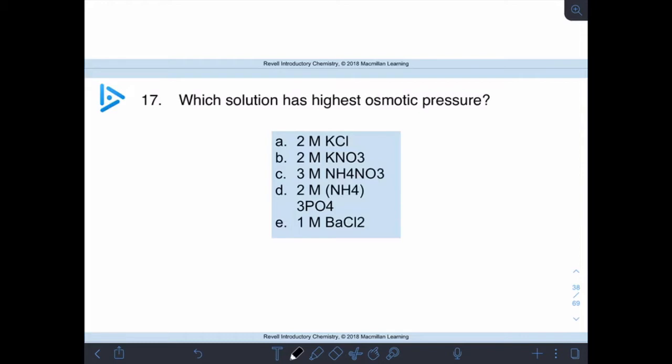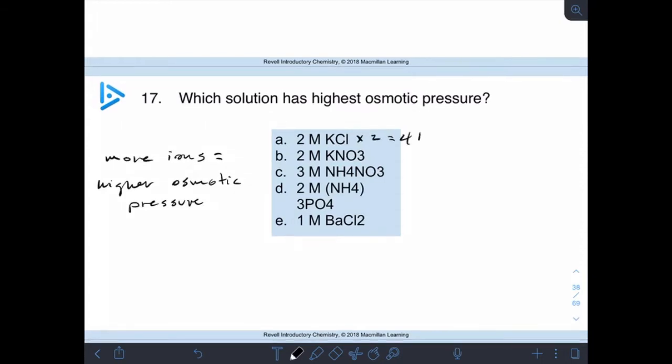So highest osmotic pressure, that one is related to more ions equals higher osmotic pressure. Okay, so same process. Potassium chloride has 2 ions, so 1 potassium ion, 1 chlorine ion, 4 molar ions there. Potassium nitrate, remember that's K plus and NO3 minus, so there's 2 ions there, so also 4 molar.